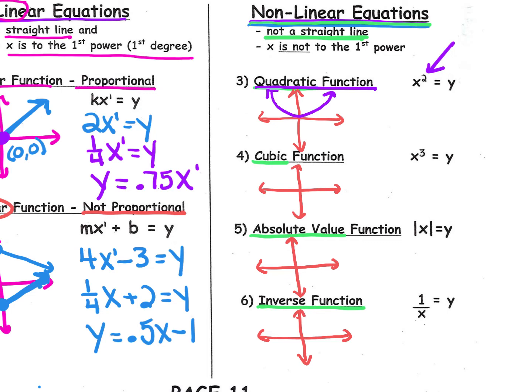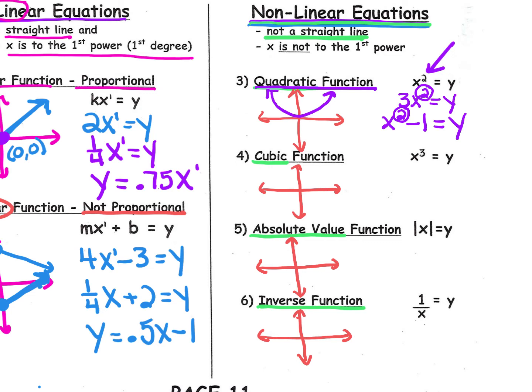It might look as simple as this: 3 times x squared equals y. Or it might look like this: x squared minus 1 equals y. But when you see that x to the second power, you know that it's a quadratic.